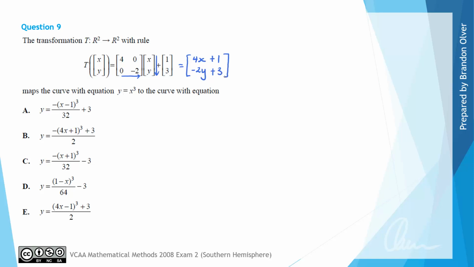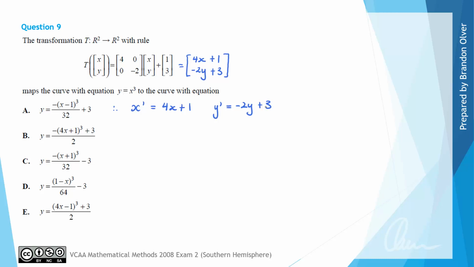Now we can start using mapping to work out what the image equation is going to be. What we know is that x dash must equal 4x plus 1, and y dash must equal minus 2y plus 3. The reason why I'm going through this process rather than just inspecting it is that it's really easy to get confused and select the wrong rule.